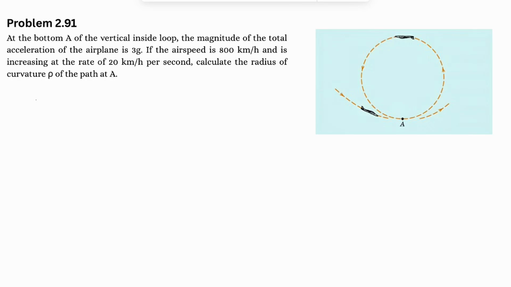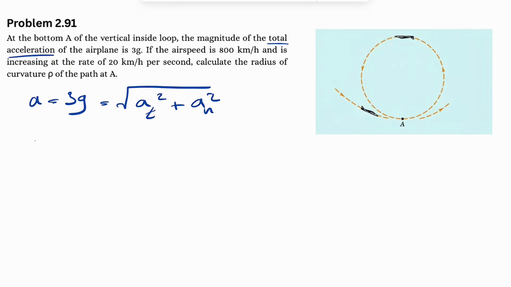Alright guys, welcome back. We have question 91 from the second chapter of Dynamics by Meriam. At the bottom A of the vertical inside loop, the magnitude of the total acceleration of the airplane is 3g. So we have the total acceleration, which is 3g, and we know this acceleration is going to be the square root of the tangential acceleration, a_t squared, plus the normal acceleration, a_n squared.